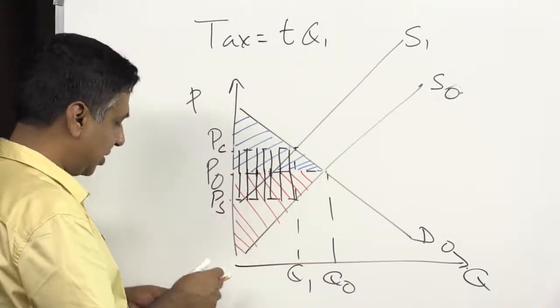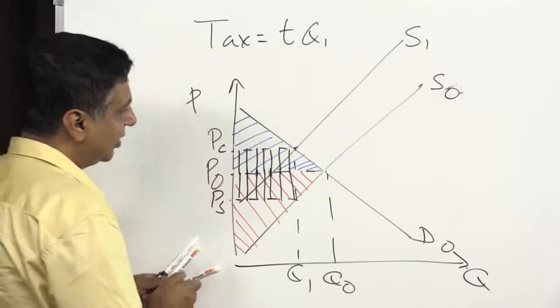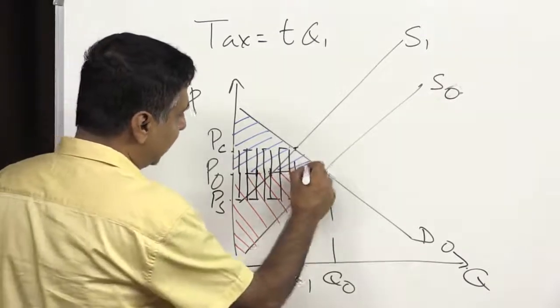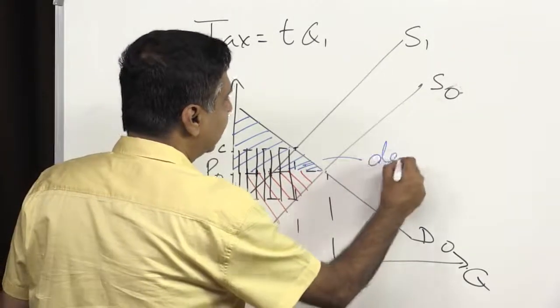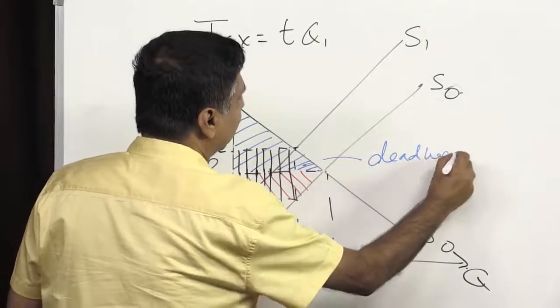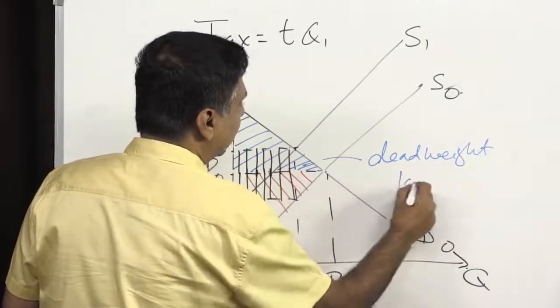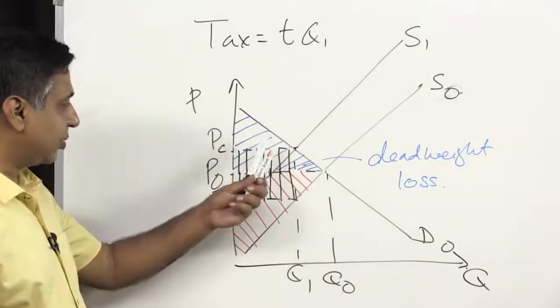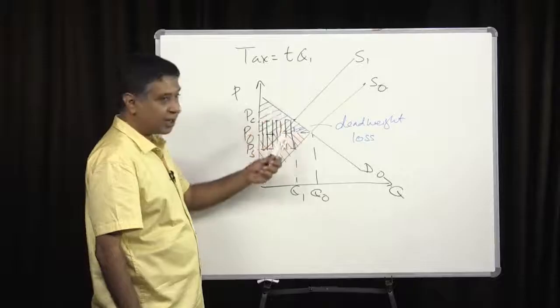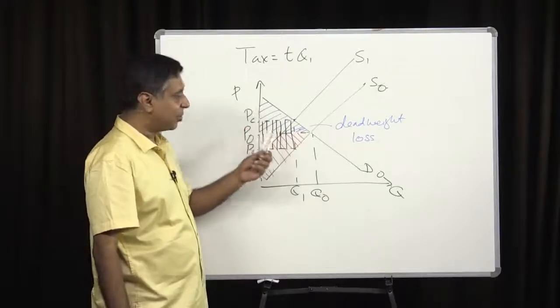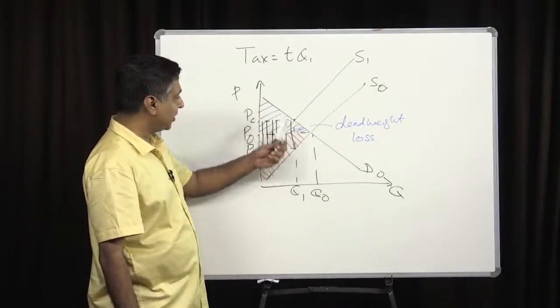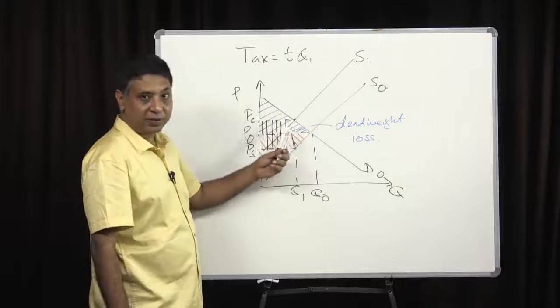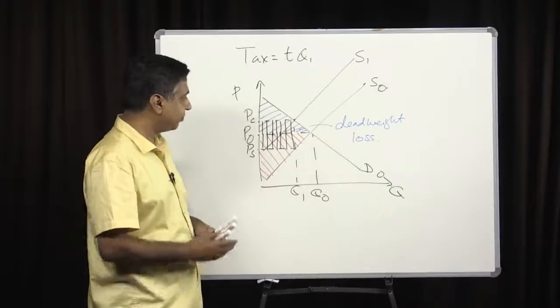So, we say that this triangle represents the deadweight loss from taxation. So, what we are able to show with our diagram, just like we did in the case of a price ceiling, is that a tax will reduce welfare of the society as a whole.